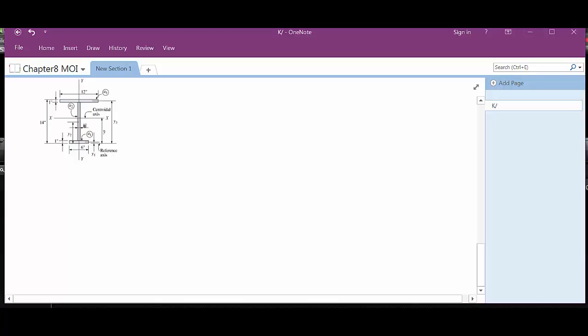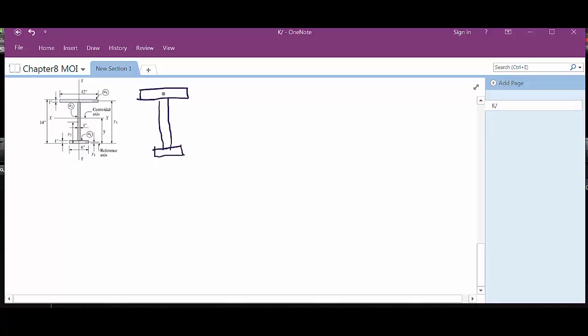When we calculate the moment of inertia of this whole composite shape, we're going to find the moment of inertia of this particular shape, the top. Then the moment of inertia of this shape, which is the center. And then, of course, the moment of inertia of that shape.